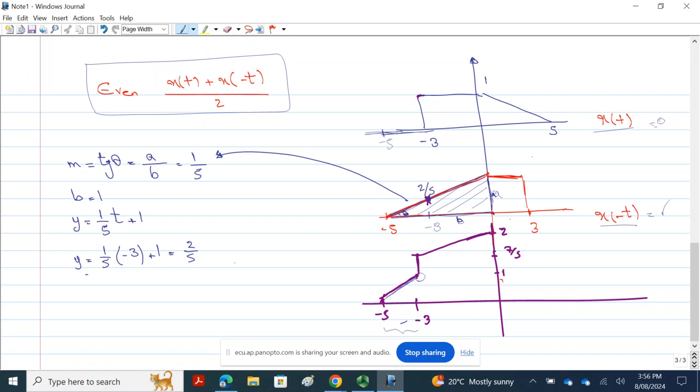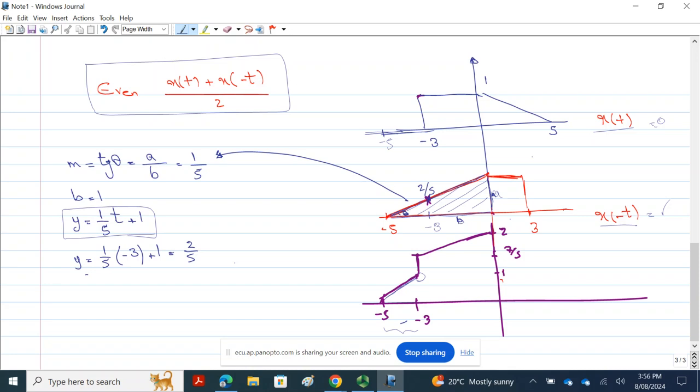My A is equal to 1, B is 5, so I know the slope is 1 over 5. And then b, which is the value at t equal to 0, is equal to 1. So my y becomes 1 over 5 t plus 1. That's the equation to describe that line.